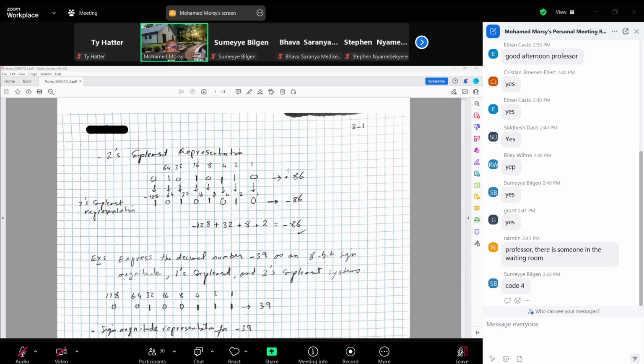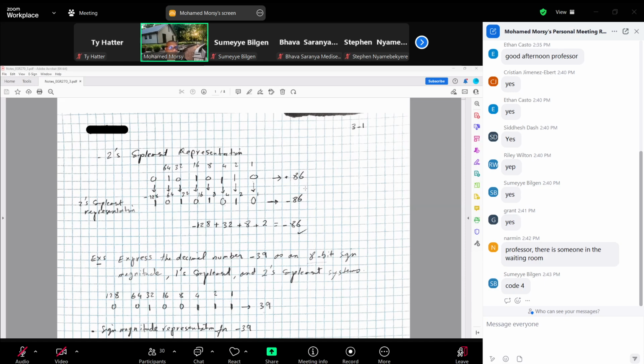Today we'll continue. So we'll talk about the two's complement representation, and this is the representation we use in our computer to represent negative numbers, two's complement.